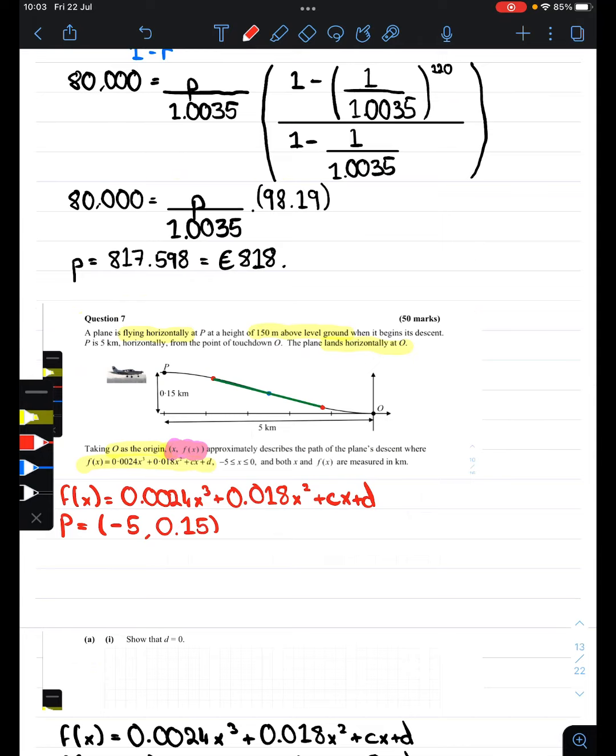So this goes down here, and then across here, and then it goes down the same amount, and then across the same amount.